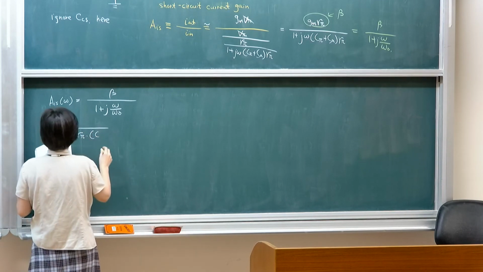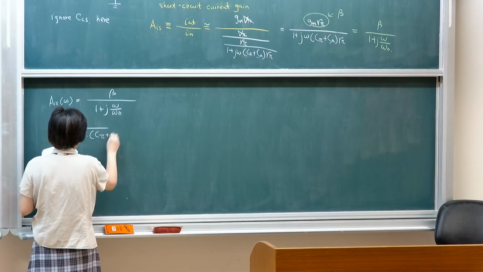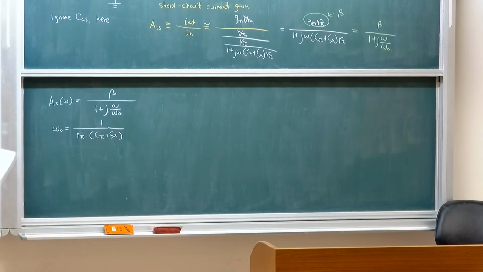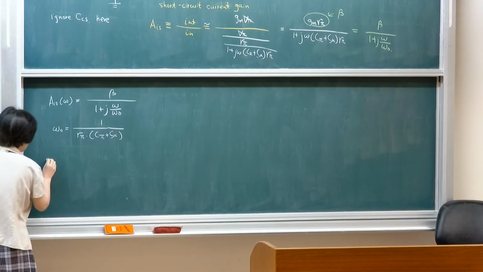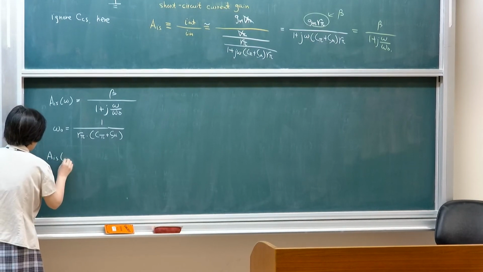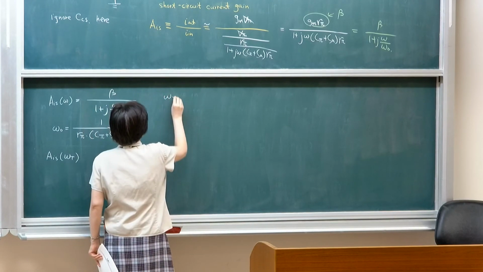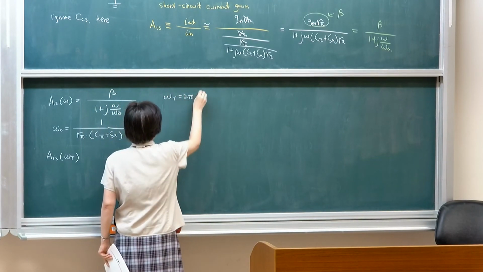So the r is r pi, c is c pi plus c mu, over 1. Okay? Then we could find out what is omega t. By definition, AIS at omega t, which is 2 pi times the transit frequency.